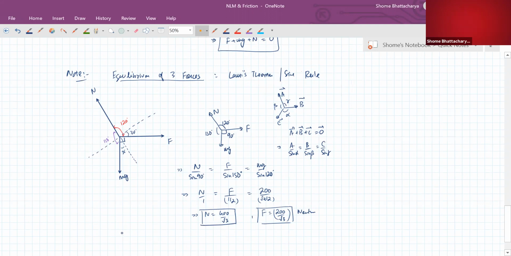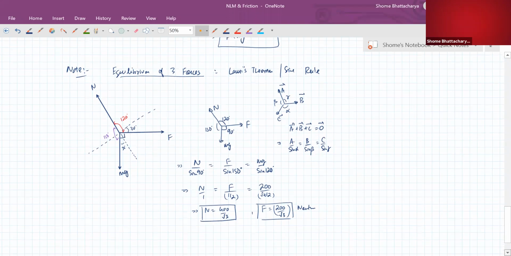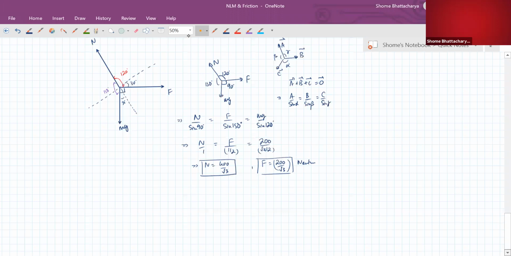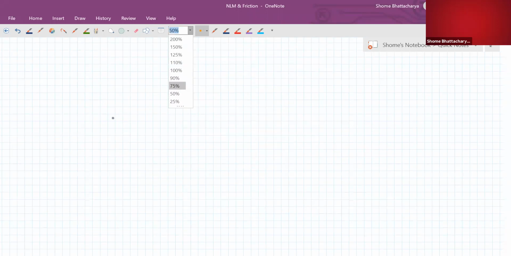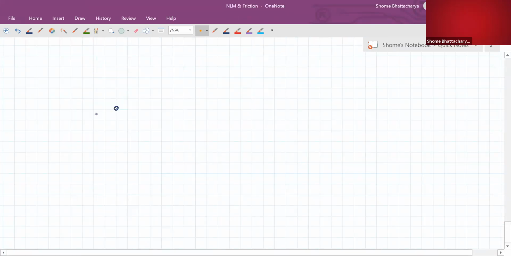The alternative is, of course, you can resolve forces and work it out. So you can also work out a resolution of forces method. So if you want to use component algebra, you can always do that.